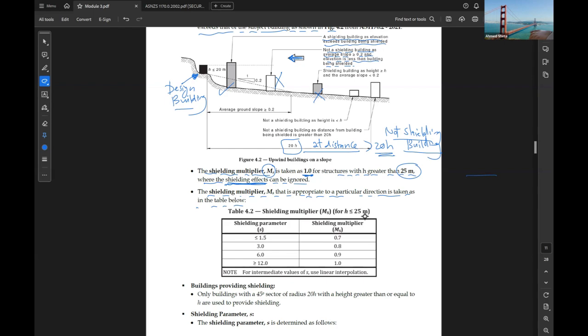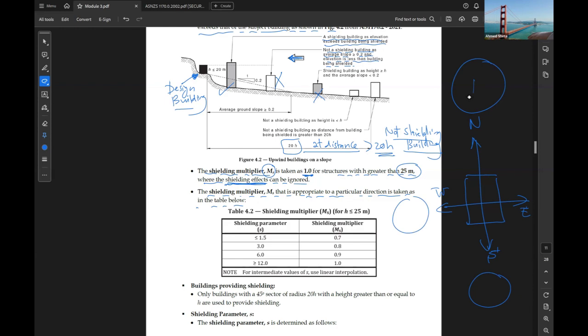Again, the shielding depends on what direction you are designing. For example, we have east, west, south. The shielding from this direction is different, from this direction different.